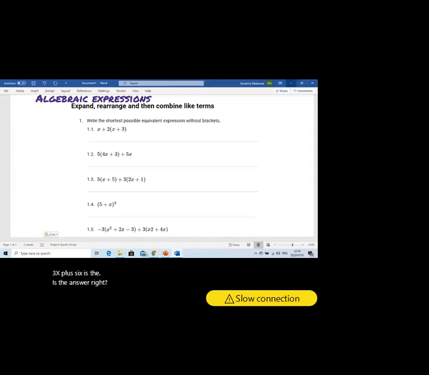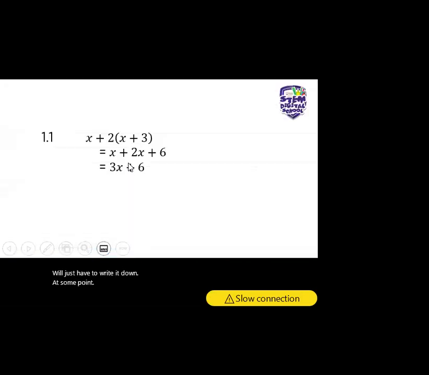I will demonstrate it for you, Ntantla. I've heard you that you can't see the thing properly. We will just have to write it down at some point, and I'm going to do that. I'm sure you can now see it properly. Can you see it, Ntantla? This is x plus 2 open bracket, x plus 3.